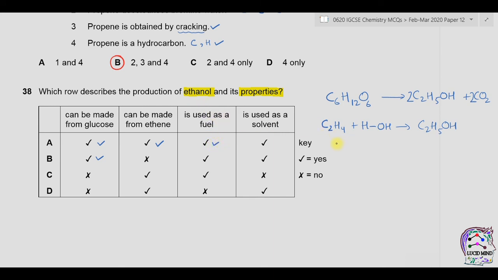Ethanol converts into carbon dioxide and water upon combustion. And the last one is it can be used as a solvent. This is also true for ethanol, as it can be used to dissolve polar as well as non-polar compounds. So therefore the correct option is A.